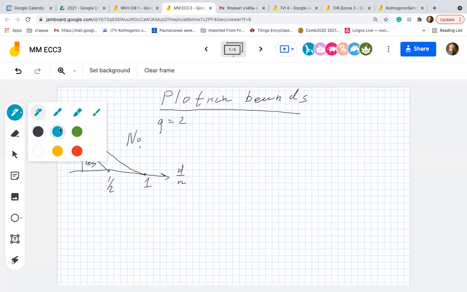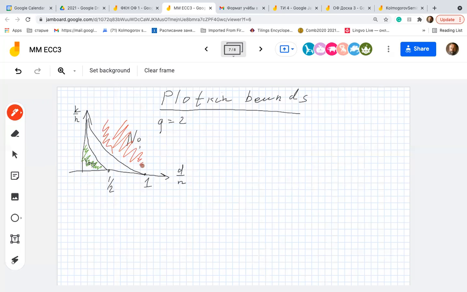So let's paint it in green, this one, and let's paint it in red, this one. No area, no code here. There is a code here. So this is the Hamming bound. This is the Varshamov-Gilbert bound, and you see that there is a large area in between these curves, and the difference between these curves becomes huge for small rates where k over n is close to 0.